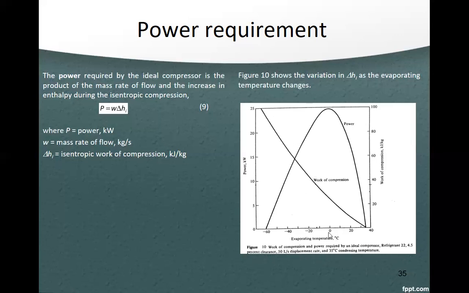At different evaporating temperatures, your mass flow rate changes, and this will be the resulting power. As for the work of compression, this delta h, check them one by one, which will be the proof. This is the 35 C. When the condensing temperature equals the evaporating temperature, your work becomes 0.